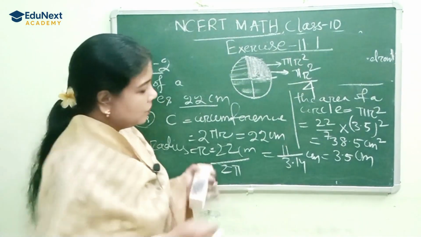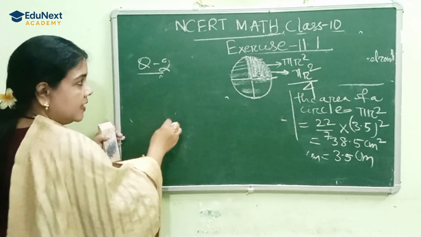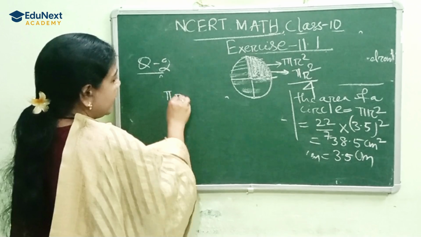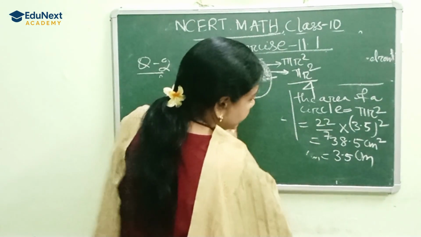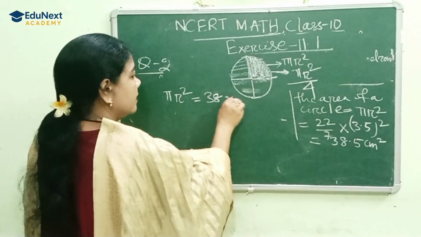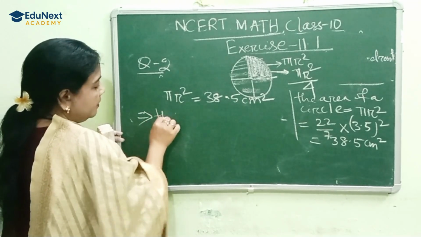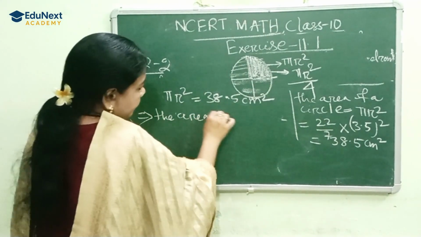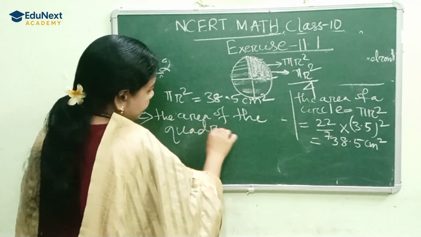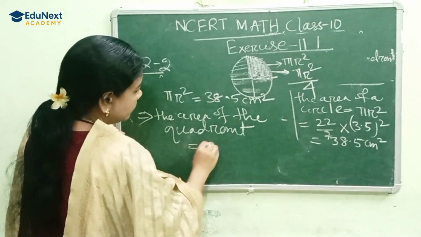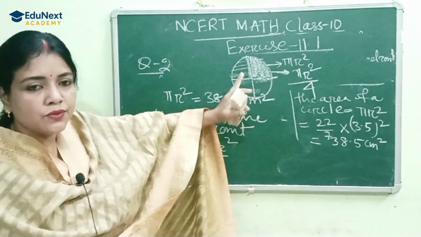So if the total area of the circle, that means pi r square, is equal to 38.5 centimeter square, then the area of the quadrant is equal to pi r square by 4, because quadrant means 1/4.